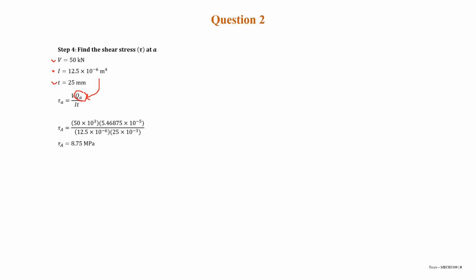So we just need to put the known values here. V is 50 times 10 to the power of 3. QA is 5.46875 times 10 to the power of minus 5, over I, which is 12.5 times 10 to the power of minus 6, multiplied by T. The T is 25 times 10 to the power of minus 3. So the shear stress at A is 8.75 MPa.